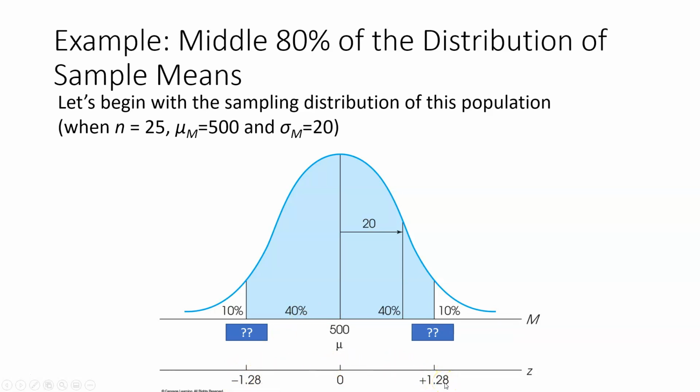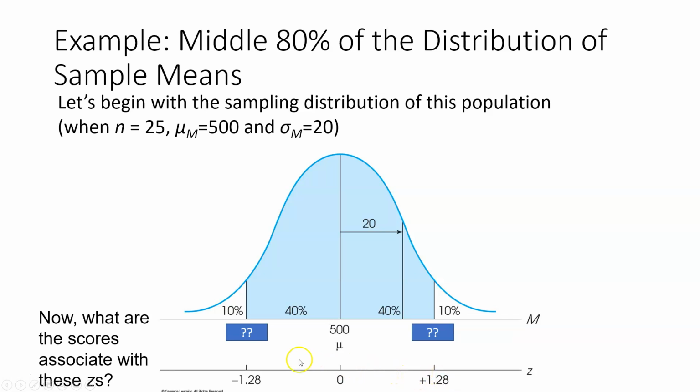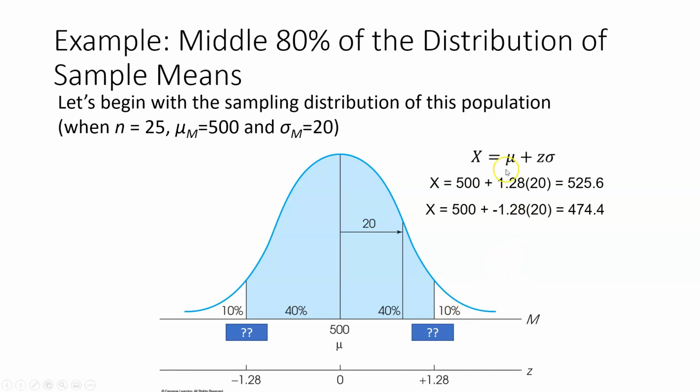Now, if you wanted to compute the scores associated with these z's to uncover these boxes here, you would have to use the formula on your formula sheet, that is x equals mu plus z times the standard deviation. In this case, we use the standard deviation of this distribution, which is 20, and we plug in the mean of this distribution, which is 500, and we use the z-scores that we just found, negative and positive 1.28.